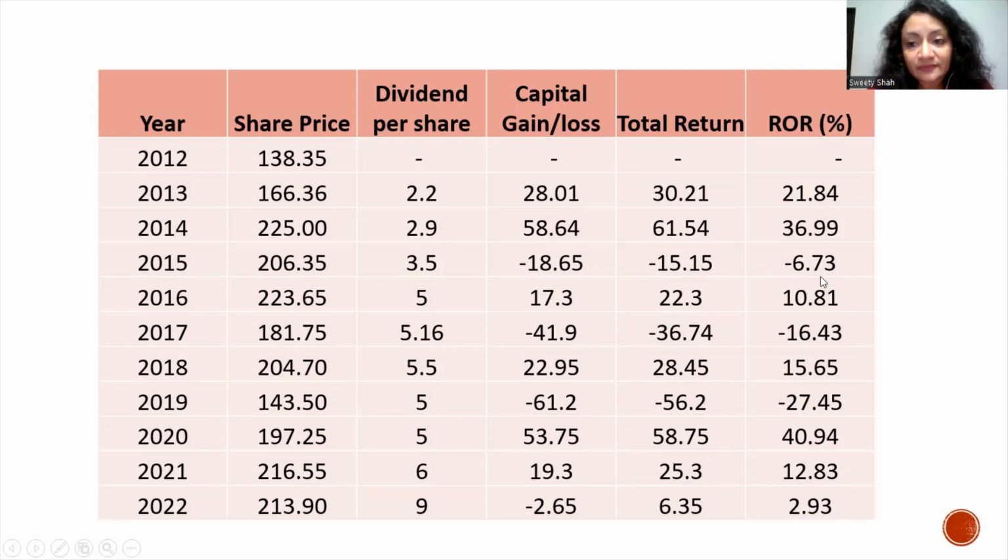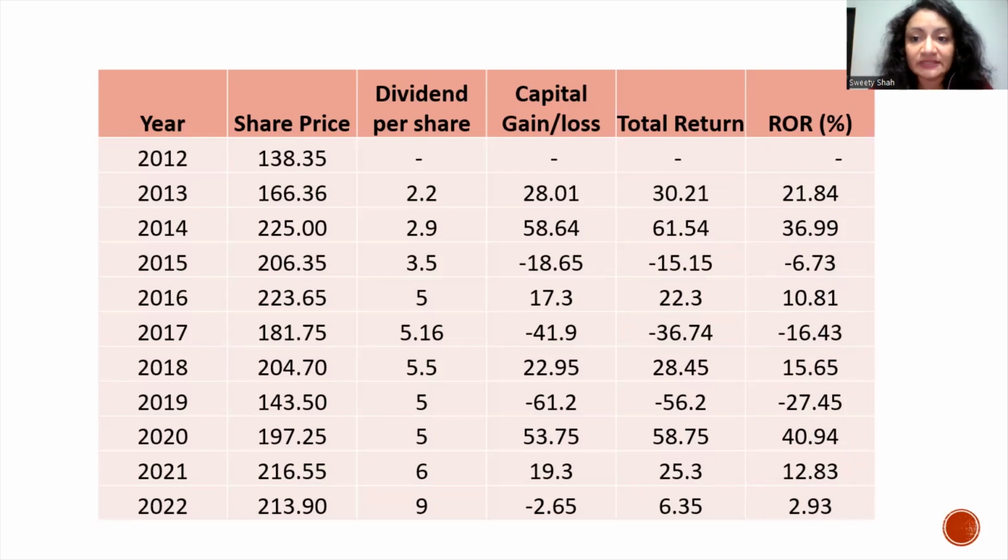The same method of calculation is applied till the last year, 2022. Based on that, we can calculate the rate of return over the period of 10 years, starting from 2013 till the end of 2022.